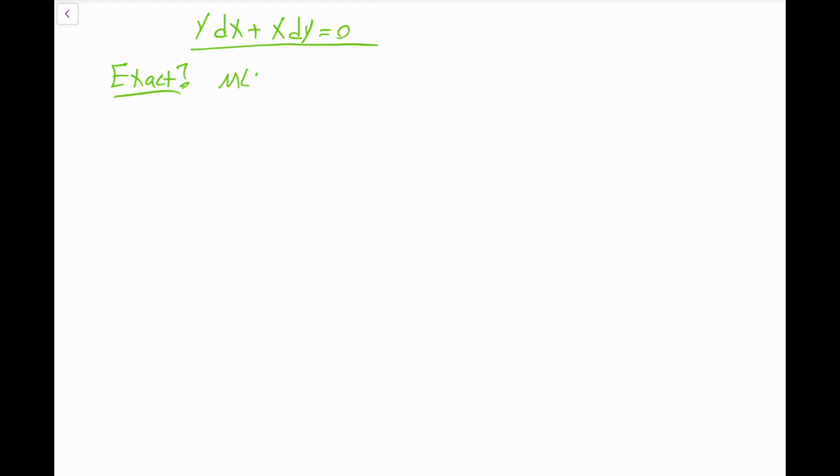So M of x,y dx plus N of x,y dy is equal to 0 is exact if and only if the partial of M with respect to y is equal to the partial of N with respect to x. Okay, so here we have M of x,y, here we have N of x,y.